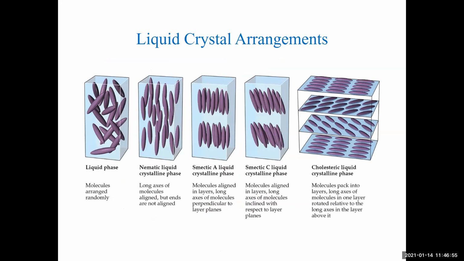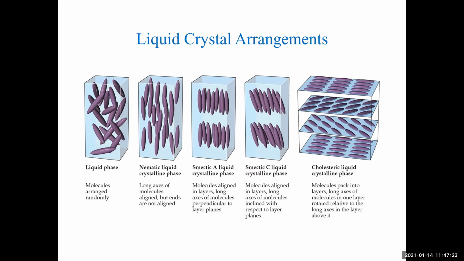Starting from left to right, we go from liquid to cholesteric. In the liquid, you see the cigar-shaped molecules, and it's all kind of random. Some are up, some are down, some are sideways. As you start to get into the liquid crystalline phase, here first we have the nematic. There's still a little bit of randomness, but they're all pointing upwards, in the same direction.